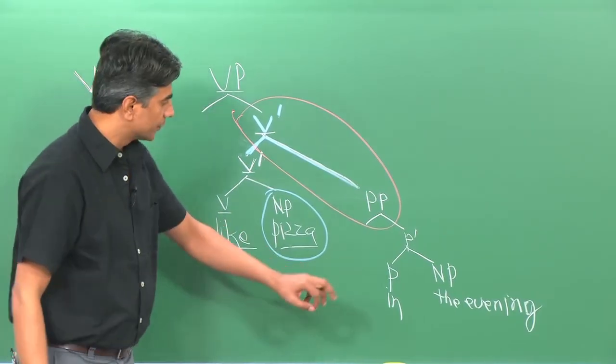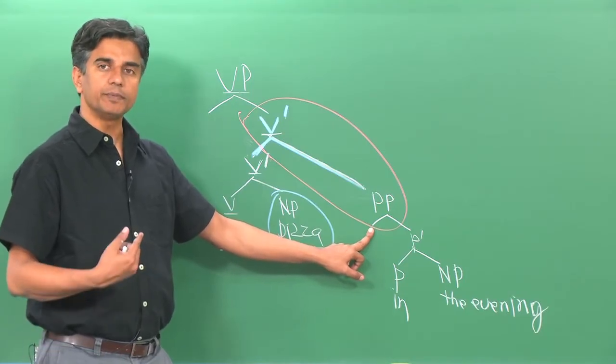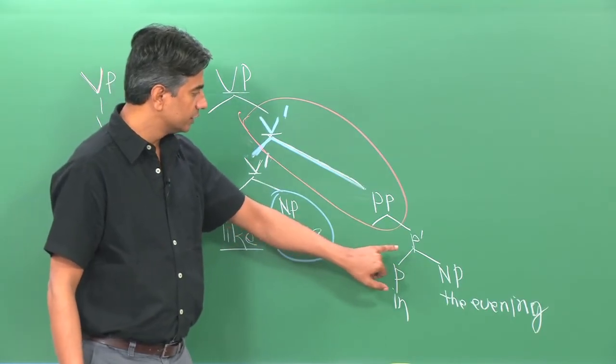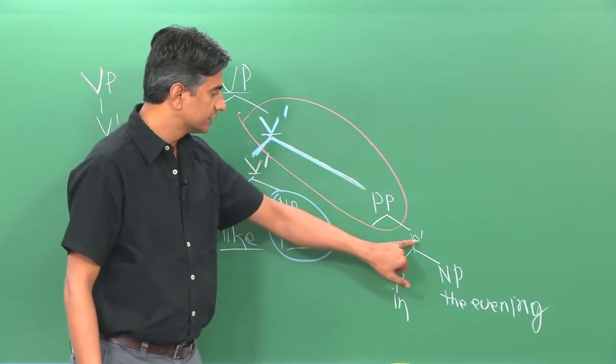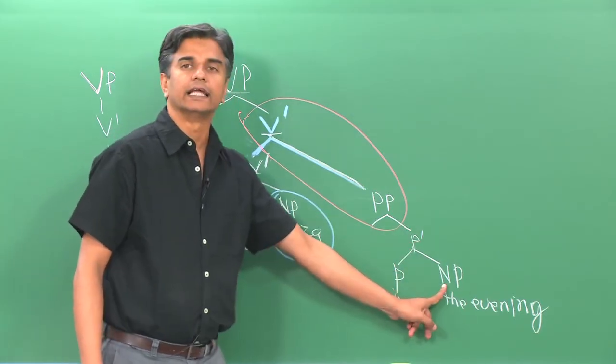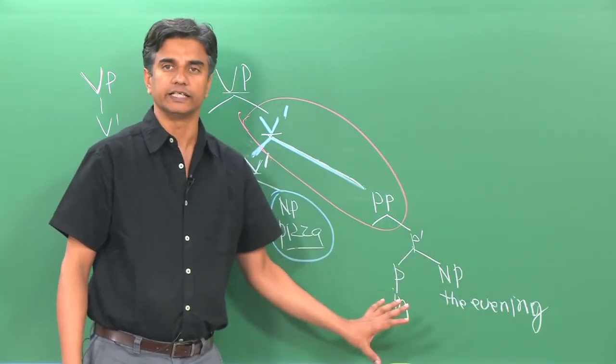All right. So, while drawing PP, because this PP does not have any specifier, we do not need more space in this. So, we can start with P and NP, and that's a shorter way of doing this.